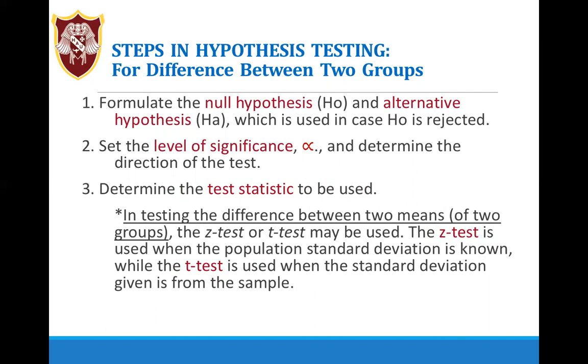So again, we apply either the z-test or t-test if we want to determine if there's a significant difference between two groups in terms of their mean. That also implies that the data must be quantitative, either at the ratio or interval level of measurement.